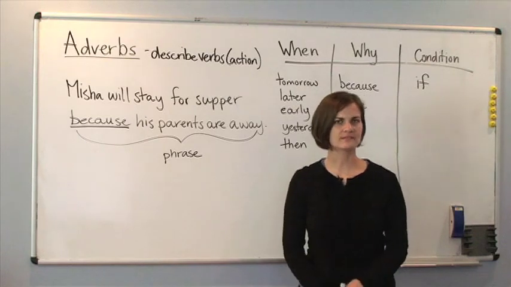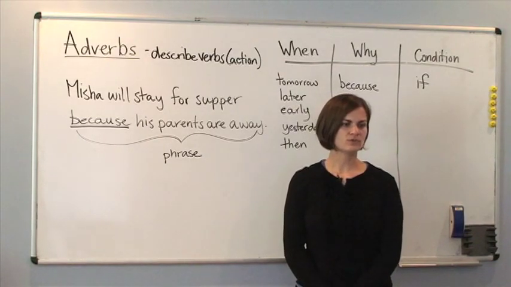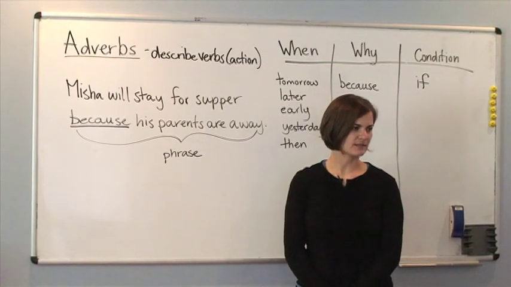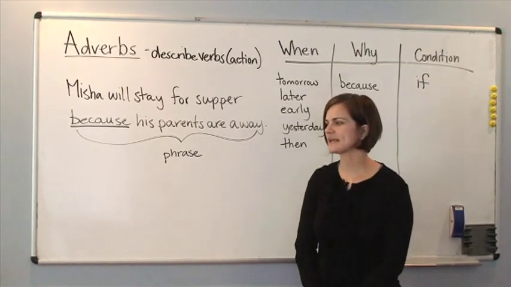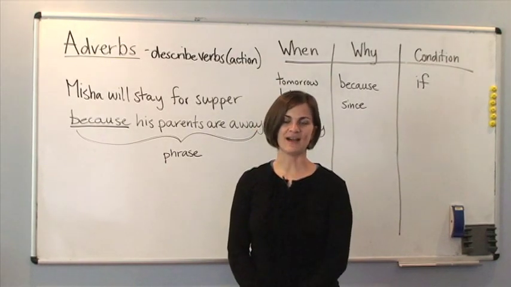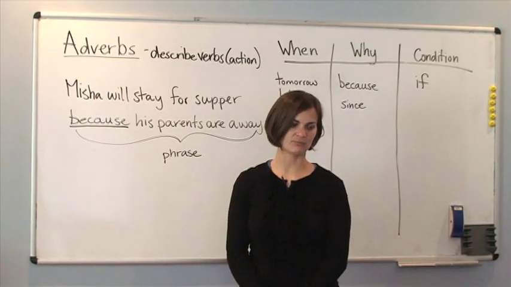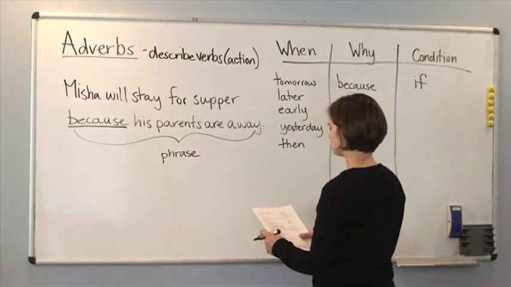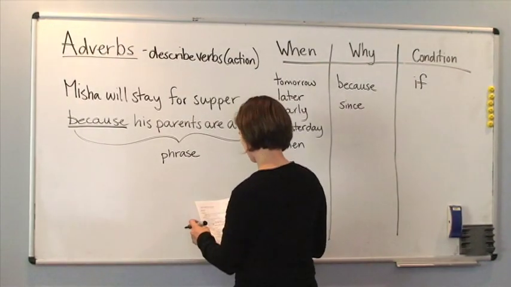Now, sometimes we use words that are prepositions to start our adverbial phrases, words like over and under, beside, behind, before, after. Those are some prepositions. Let's look at this one.